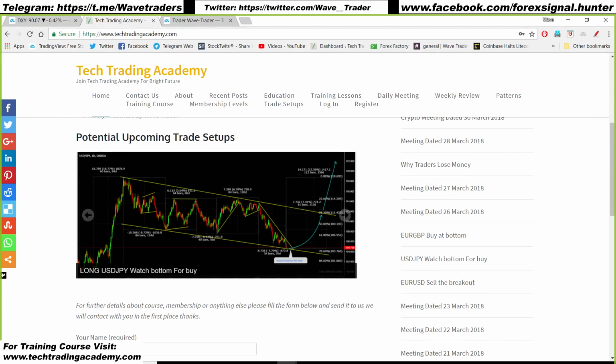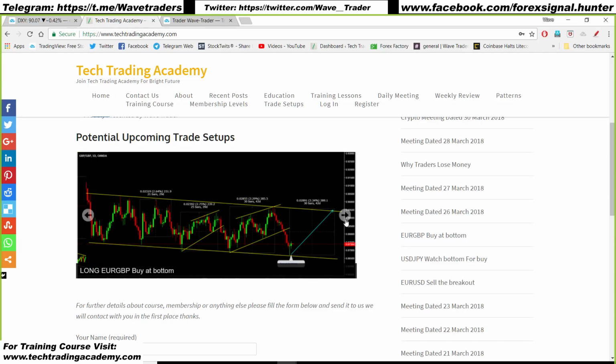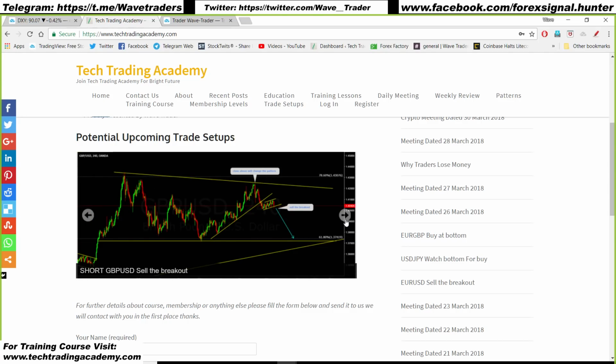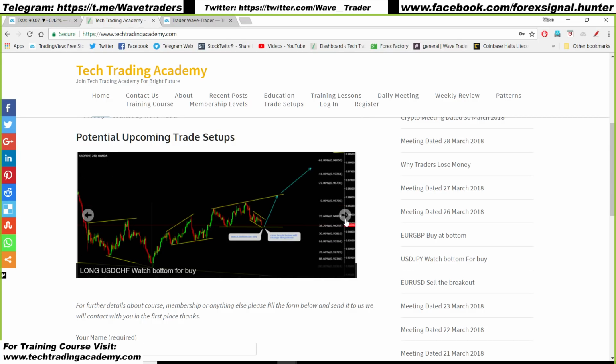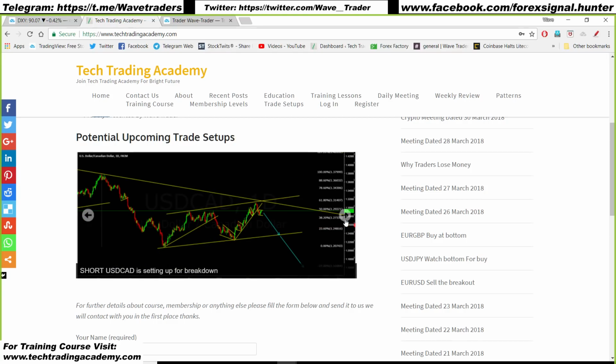So for trade setups, you can see the front page for potential upcoming trade setups, the home page. Dollar yen hot setup, euro pound hot setup, pound dollar short term or medium term sell setups, and dollar chief already gone, still going up, and dollar cat still some potential left over there.